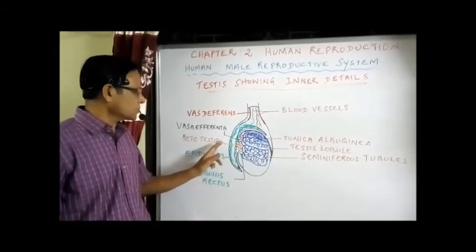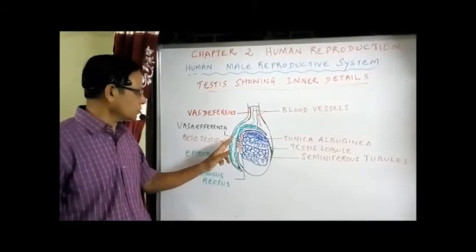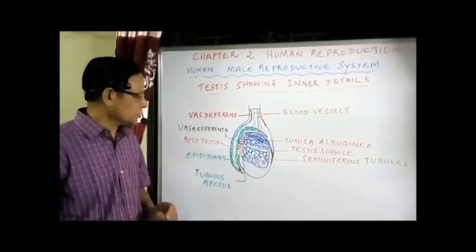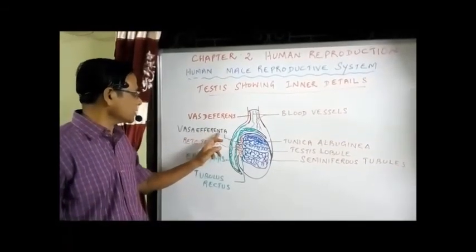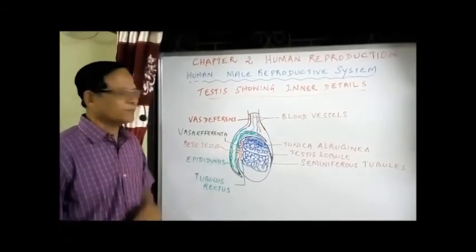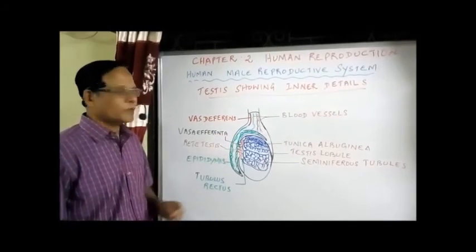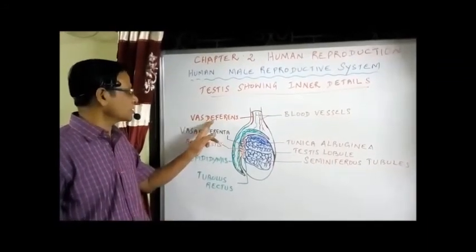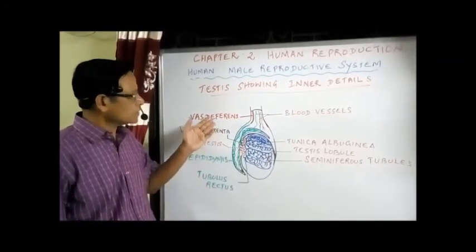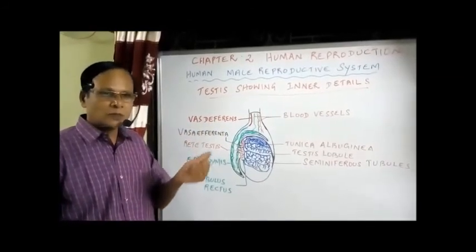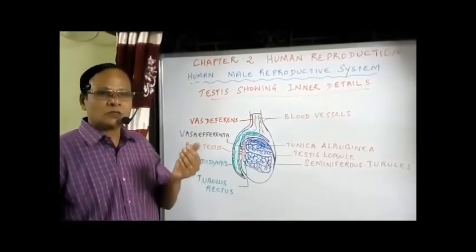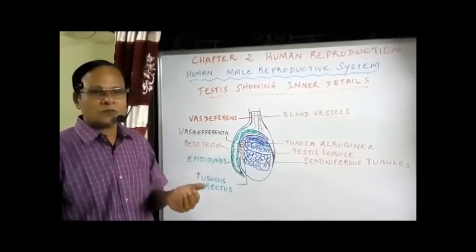From the rete testis, the sperms are transported to the epididymis, a highly coiled tubule, by means of the vasa efferentia, which I marked in black color. Now the epididymis passes towards the abdominal cavity in the form of the vas deferens. The vas deferens receives the ducts of the seminal vesicle to form the ejaculatory duct. Then we have the urethra which opens outside.